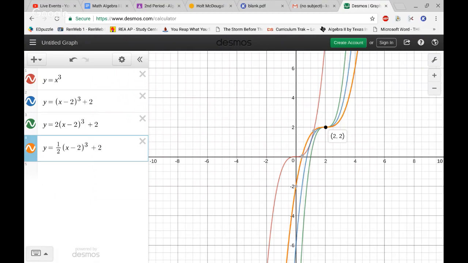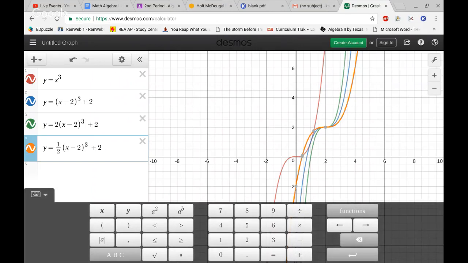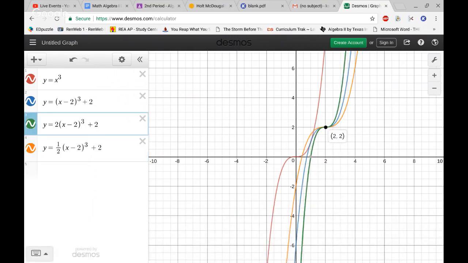But this 1/2 piece for the orange, I don't know if you can see the difference, but the green is a little bit skinnier and the orange is a little bit fatter, so it stretches it out more.